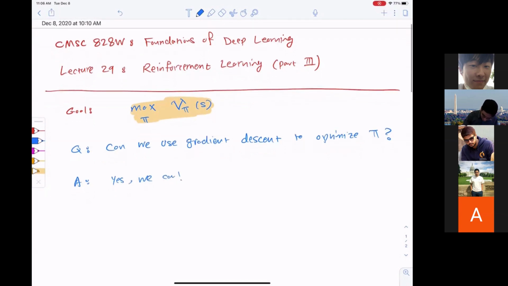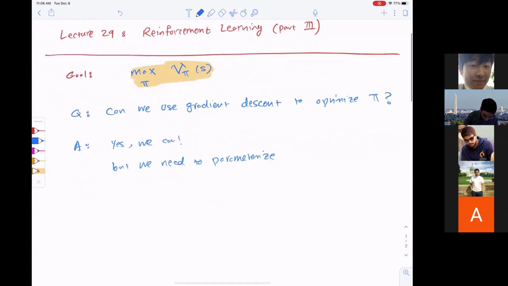But we need to parameterize the pi function. And during this course, we have learned one good choice for parameterizing functions would be to use deep neural networks.